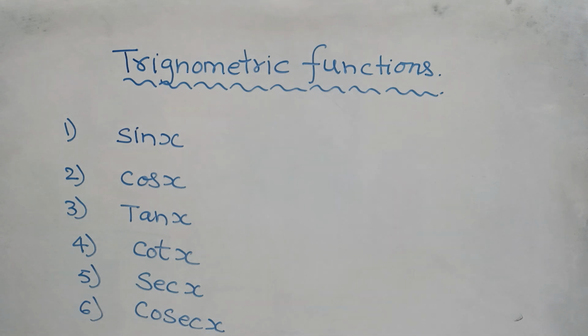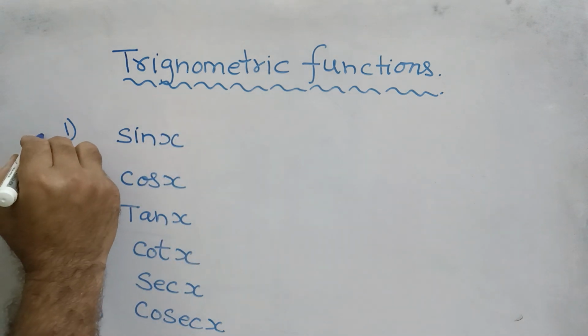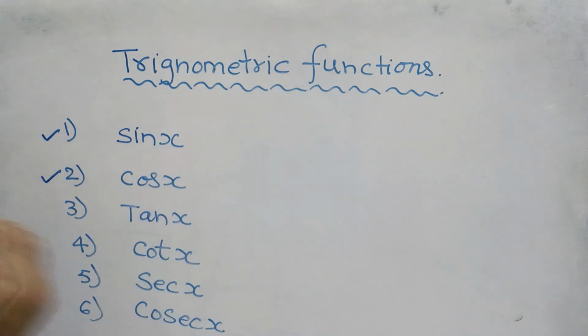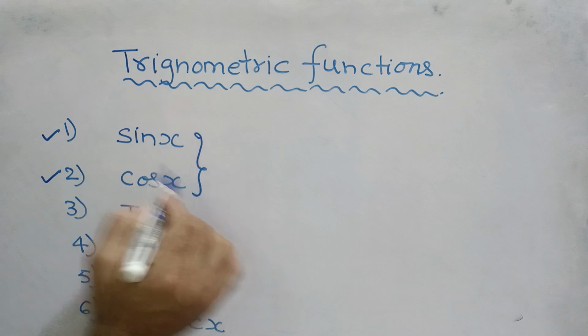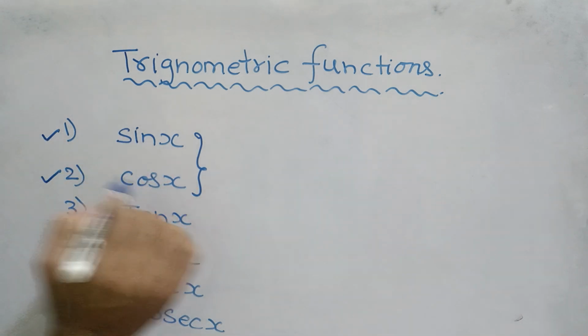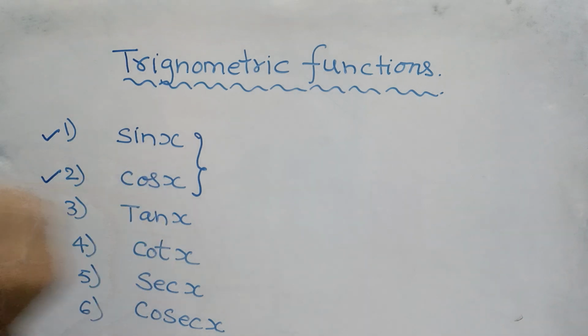So these are the six trigonometric functions. As I told you in the last presentation, if you know the first two, sin x and cos x, the remaining four can be defined in terms of sin x and cos x.